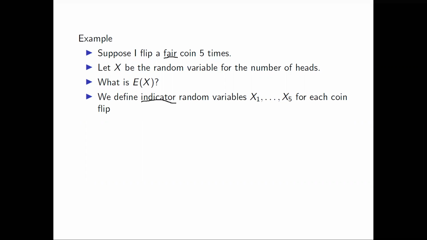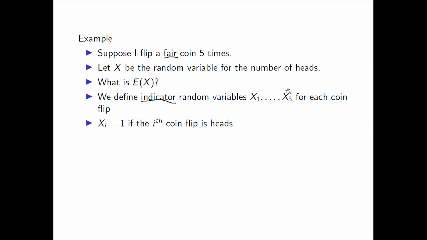So there's a total of 5 flips. So we're going to have an indicator for each flip. So x1, x2, x3, x4, and x5. Those will be our 5 indicators. And we'll define these indicators to take on values of only 1 or 0. So xi will be 1 if the ith coin flip is heads, and 0 otherwise.